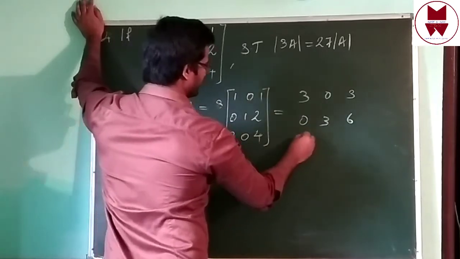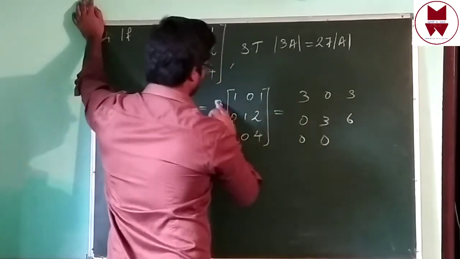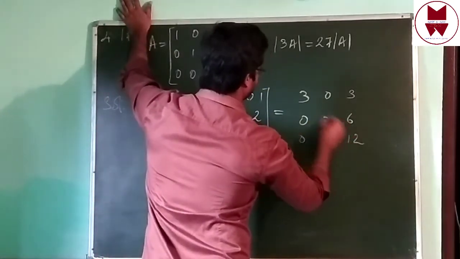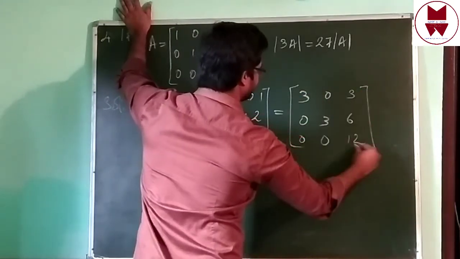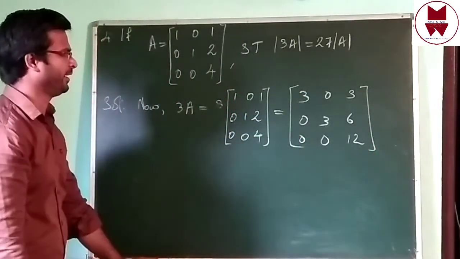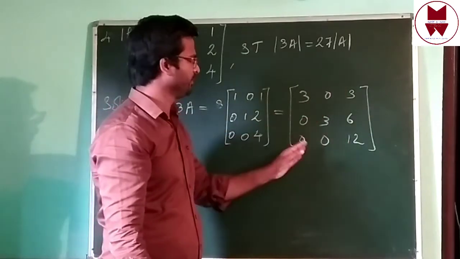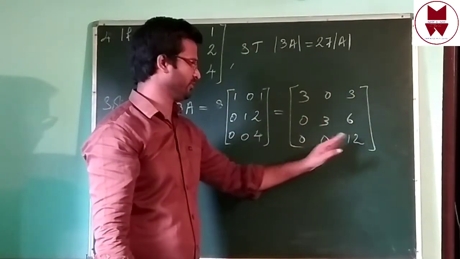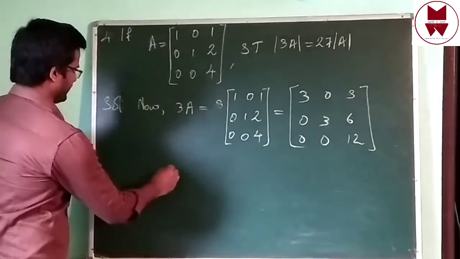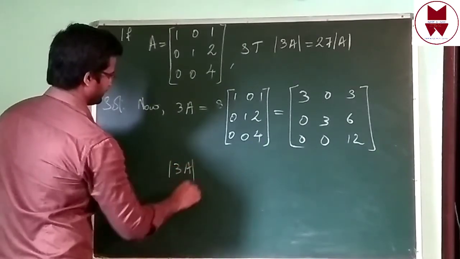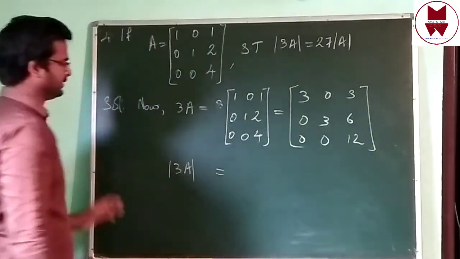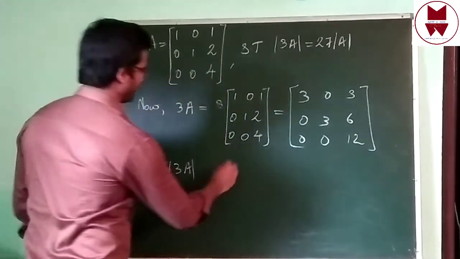Then 3 into 0 is 0, 3 into 0 is 0, 3 into 4 is 12. We got 3A equal to [3, 0, 3; 0, 3, 6; 0, 0, 12]. Now find out the determinant of 3A.